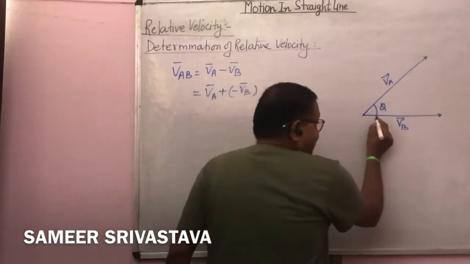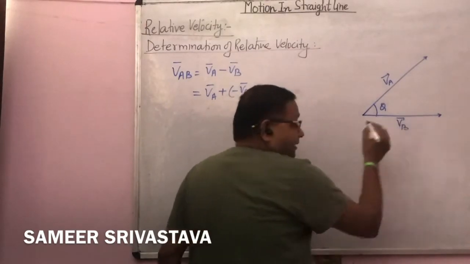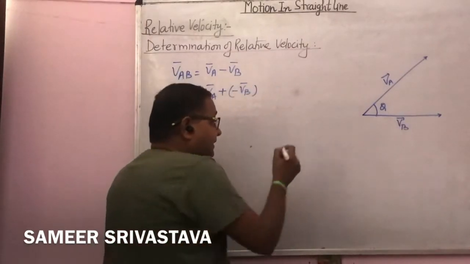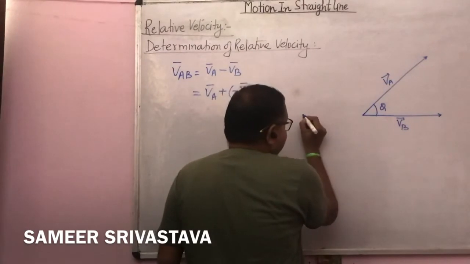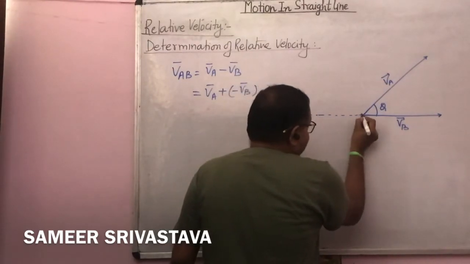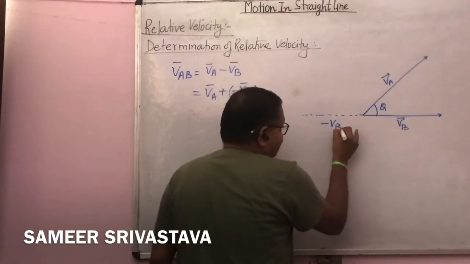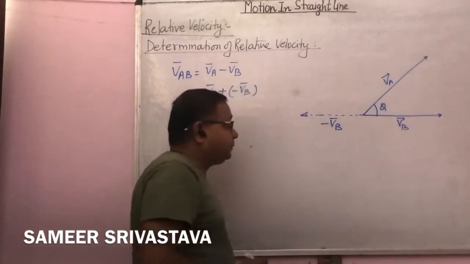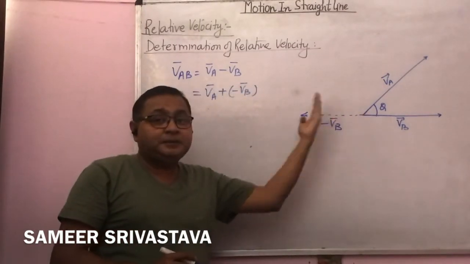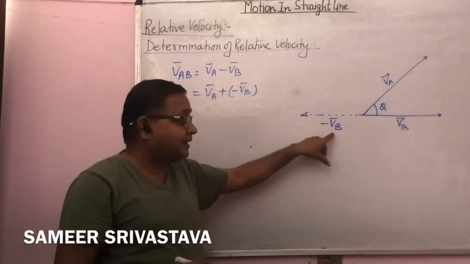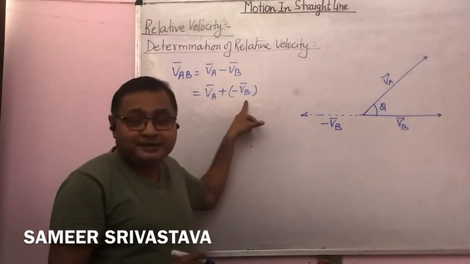This is the actual direction of B, so we take a minus VB here, and the direction becomes opposite.